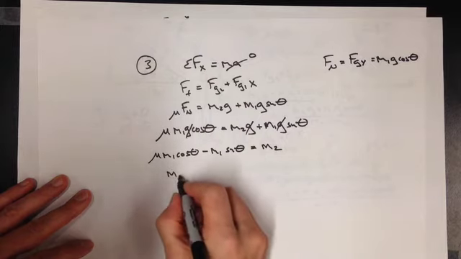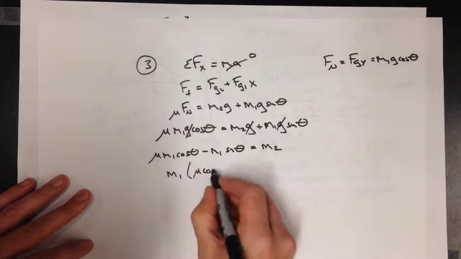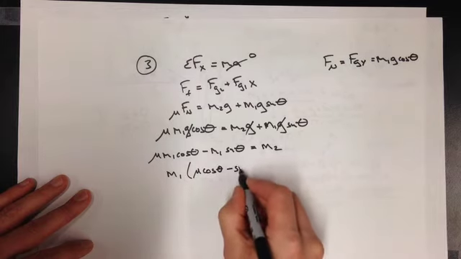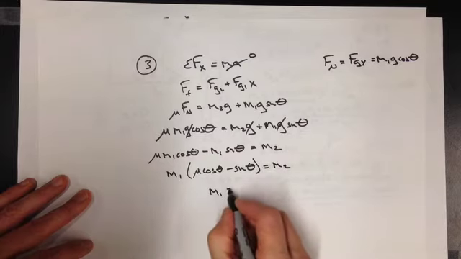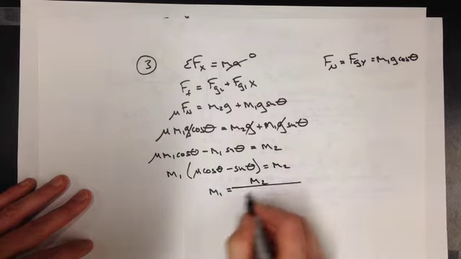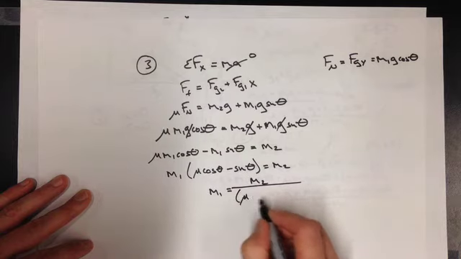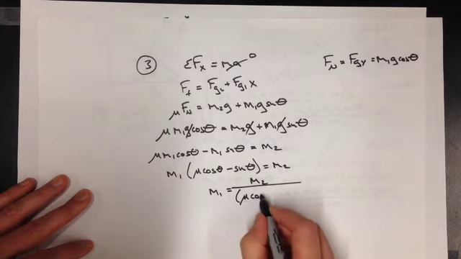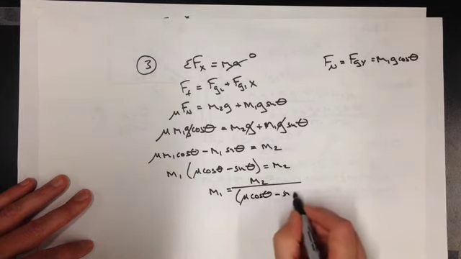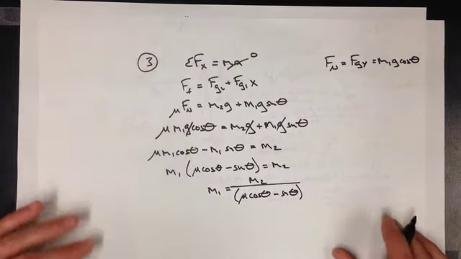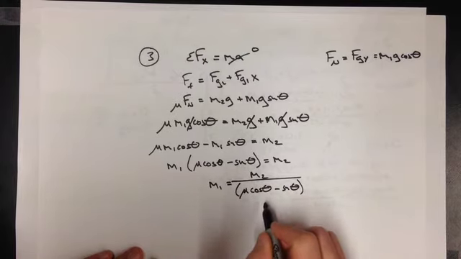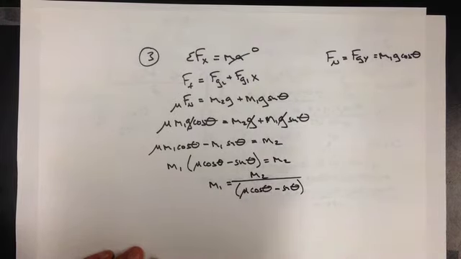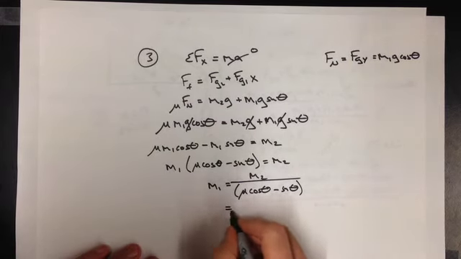So we end up with m1 times mu cosine theta minus sine theta is equal to m2. m1 is then equal to m2 all over the coefficient of static friction now, which was given in the problem, cosine theta minus sine theta. All right, so let's just play around and see how these numbers work out. So we end up with, let's see here, will this actually work?